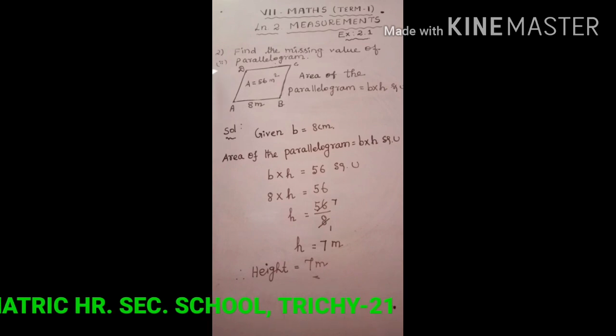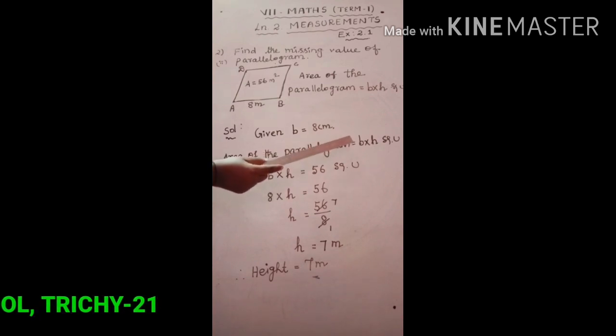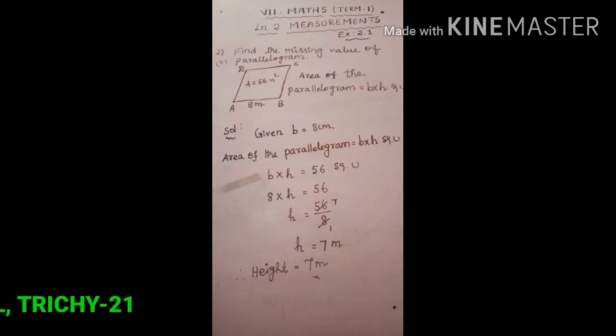Next, second, find the missing value of the parallelogram. Here ABCD is a parallelogram. We consider base is given as 8 meter and also the area of the parallelogram is given, that is 56 meter square. So the area of the parallelogram is equal to base into height square units, as we already know. So base into height is equal to the area of the parallelogram, that is 56 square units.